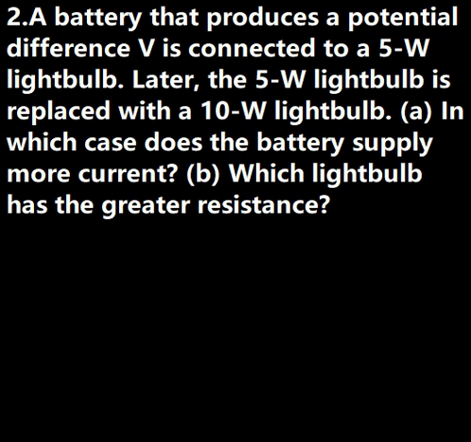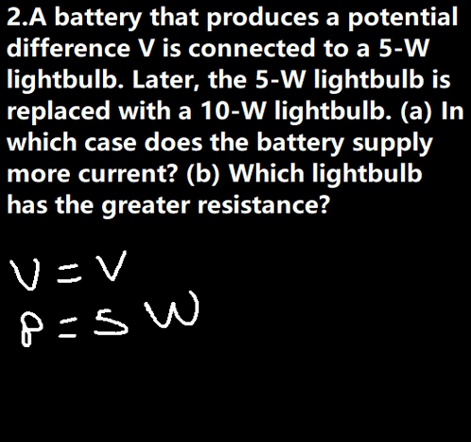And let's say we also have this problem. A battery that produces a potential difference V, that's the battery, and I'll have it as a V, is connected to a 5 watt light bulb. That is the power given as the 5 watt bulb.